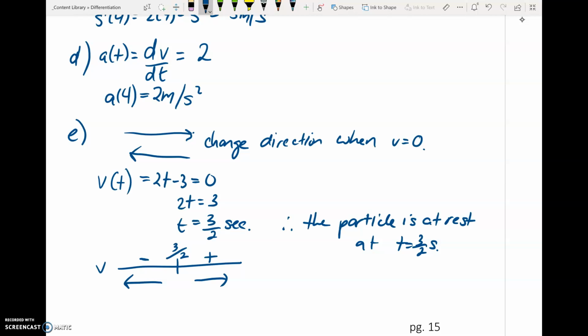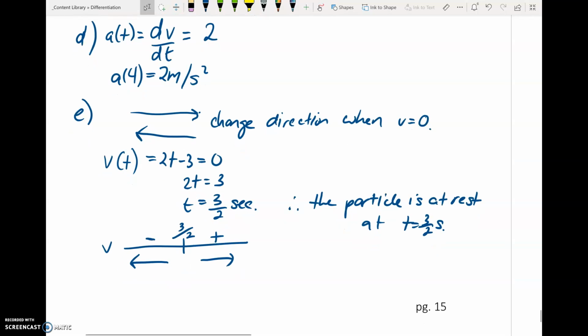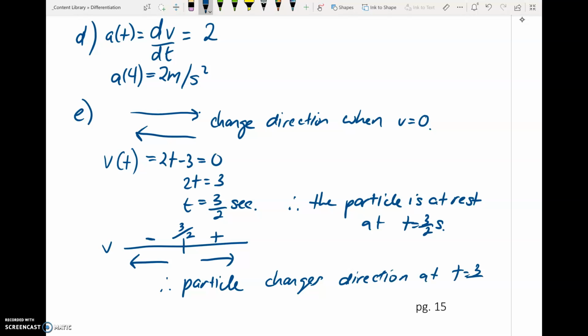The particle is going to be at rest and it will change direction. And that's because v of t changes sign from negative to positive here.